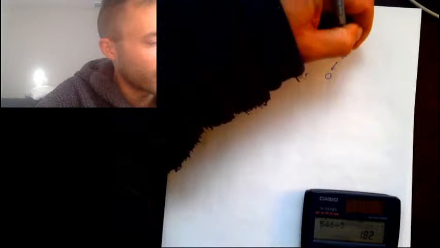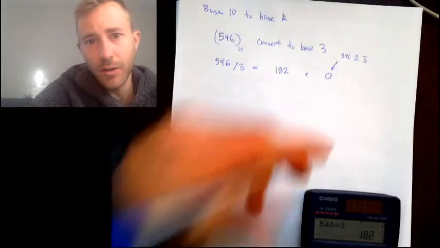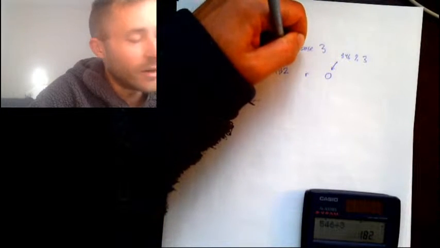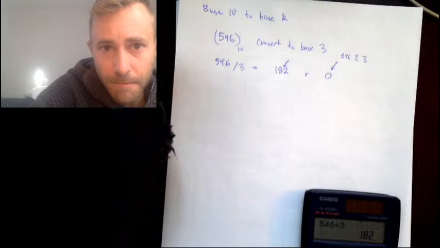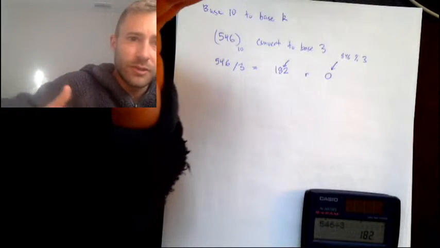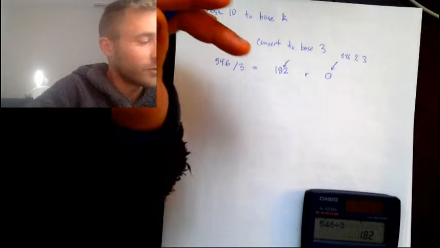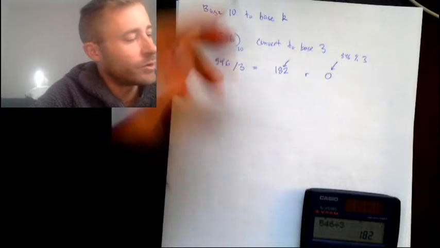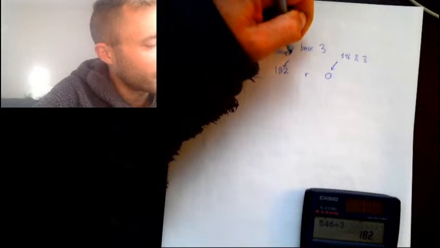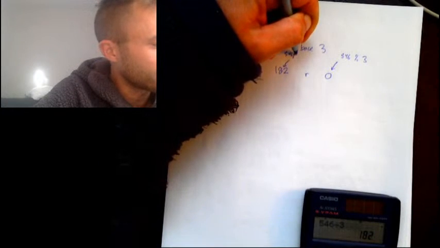So you would do 546 mod 3. That's going to tell you the remainder. Okay. Division of integers in Java truncates the remainder. So this would just be 546 divided by 3.